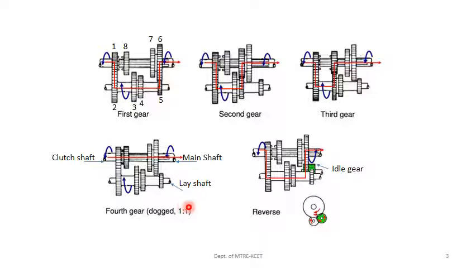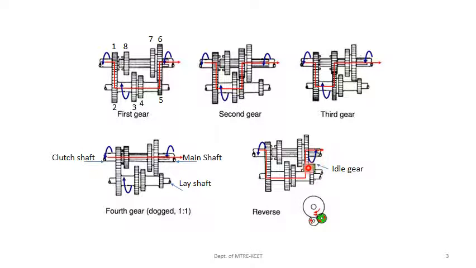If you need to reverse your vehicle, we achieve it by using the reverse gear. In reverse gear, we change the direction of the motion by using an idler gear.